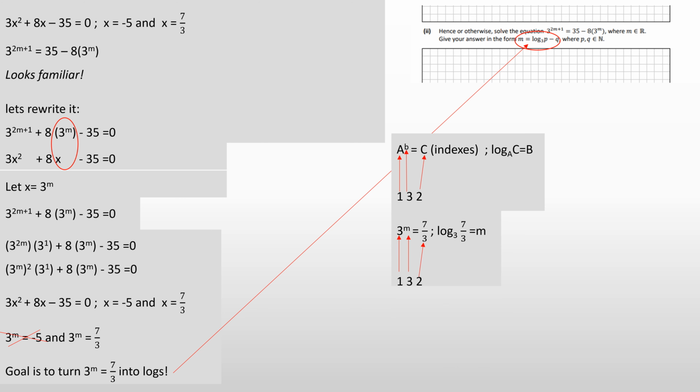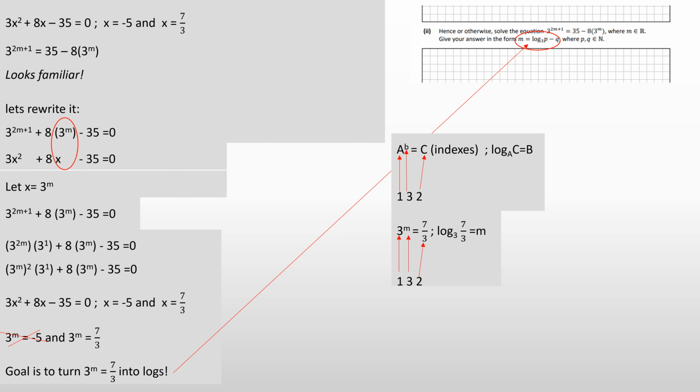We have to do the same for our question. In our question, we have 3 to the power of m equals 7 over 3. Again, we label them 1, 3, 2. When we turn them to logs, it will be log, the first number is 3, the second number should be 7 over 3, and the last number should be m.